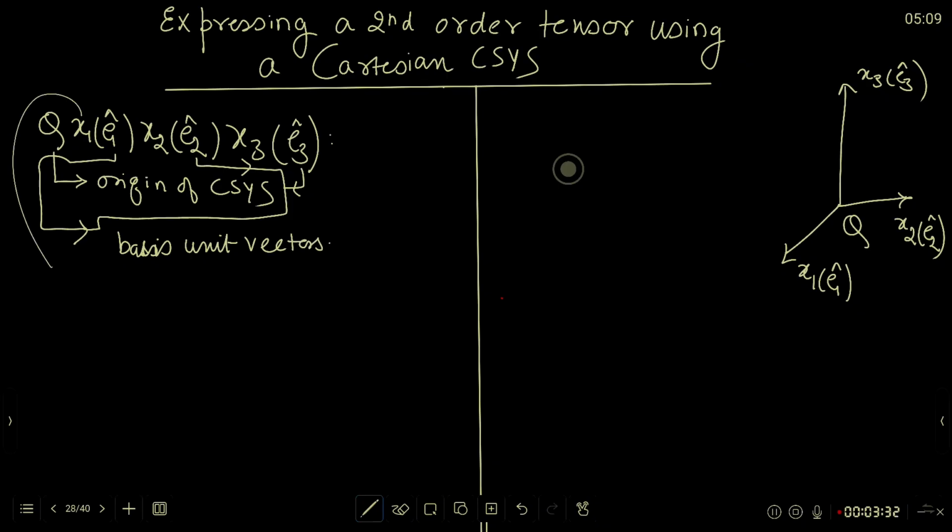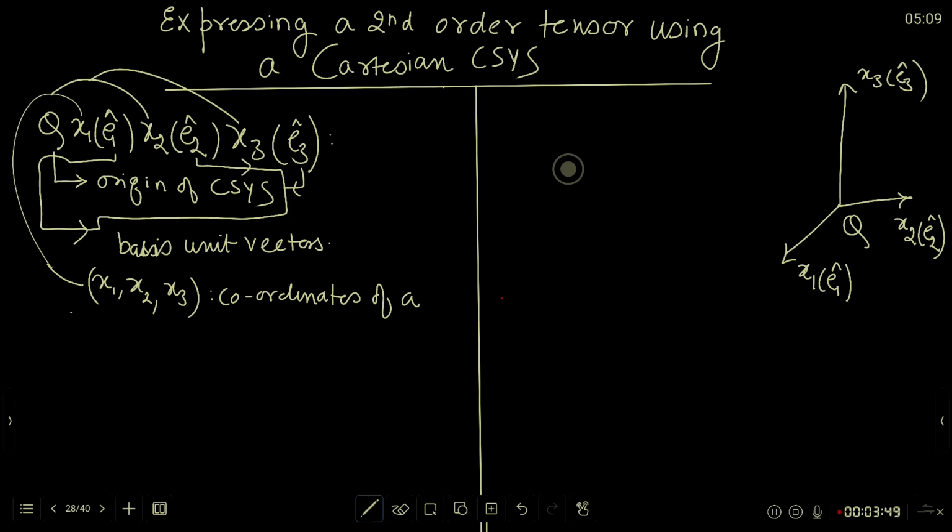And then these three characters, they are the coordinates of a general or typical point P in space. Right, so if I have a point P here, its Cartesian coordinates would be x1, x2, x3. Those are the characters that appear here.